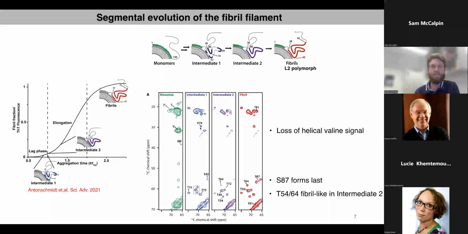So this tells us something about this segment of the protein forming a fibril-like structure already in intermediate 1. On the other hand, if we look at S87, this shows up very late in the fibril. And if we look at threonine 54 or 64, these only show the fibril-like chemical shifts in intermediate 2, but not in intermediate 1.